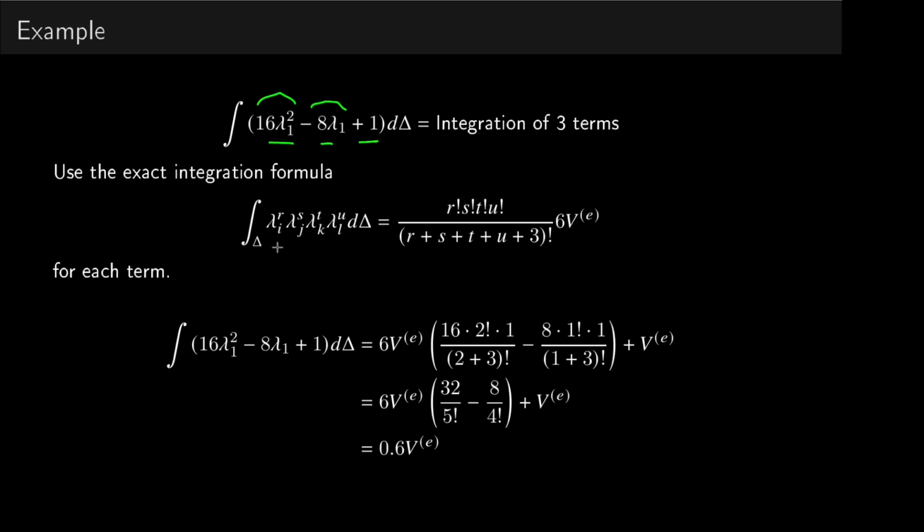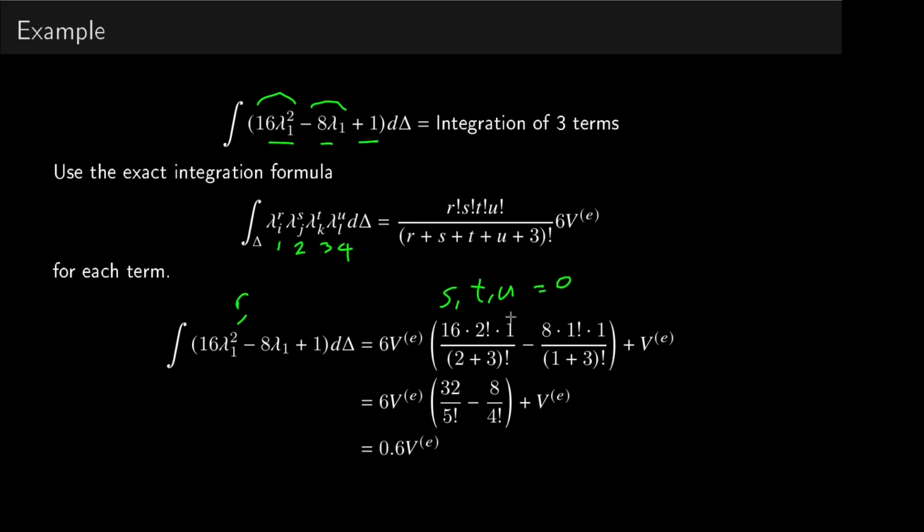So you have here lambda i, lambda j, lambda k, and lambda l as 1, 2, 3, and 4, and the degree for each one is r, s, t, and u. Now if you look at the first term here, 16 lambda 1 squared, that means r is 2. The rest, s, t, u, are 0.